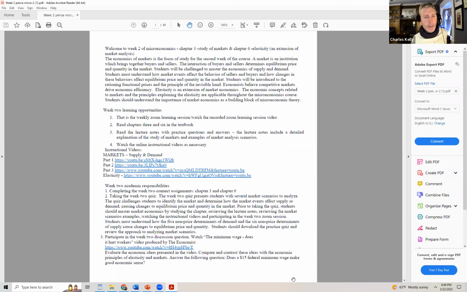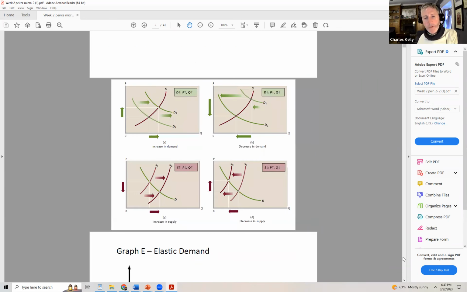All right, so starting here on page 2 of this document. Again, this document was emailed to all students through Canvas messaging. It's available on the week 2 module page, and it's available on the week 2 announcement page.